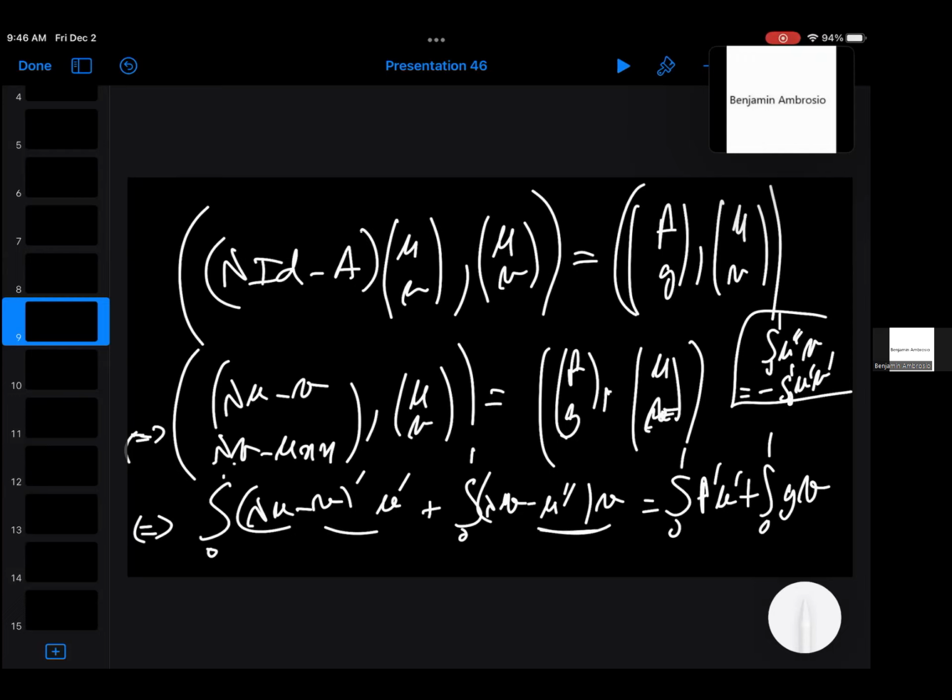I will write it nicer in the next slide, but here I will get lambda integral of u prime square plus lambda integral of v square equals the integral of f prime u prime plus the integral of g v.